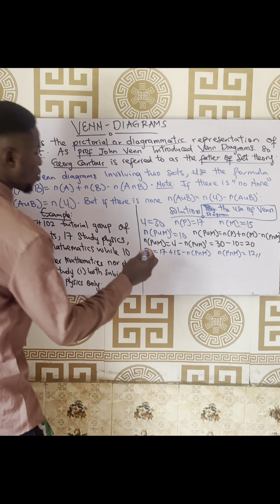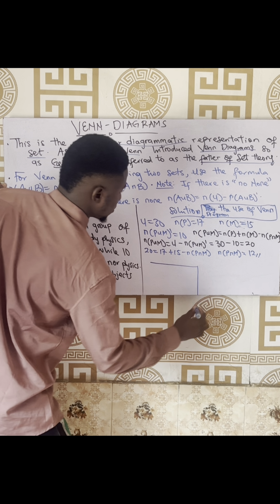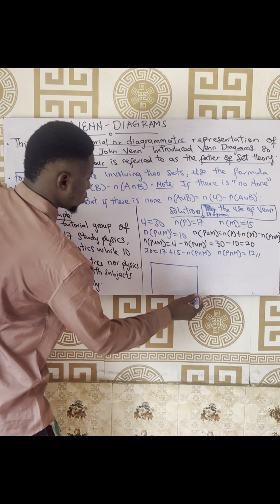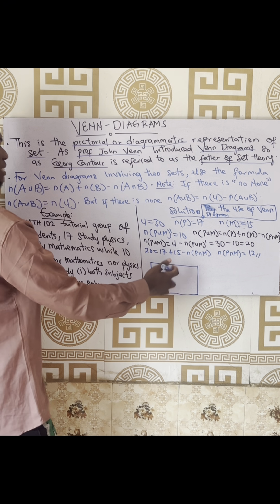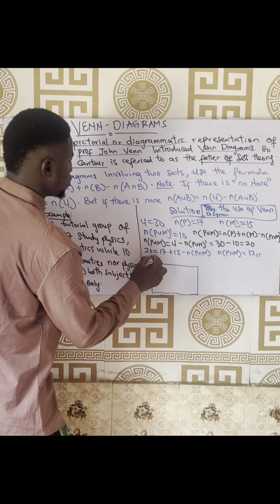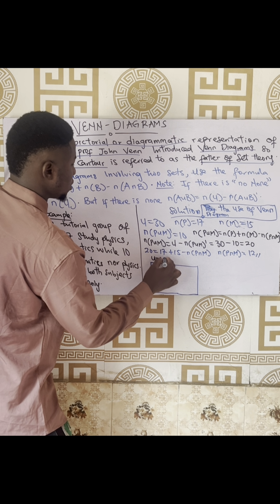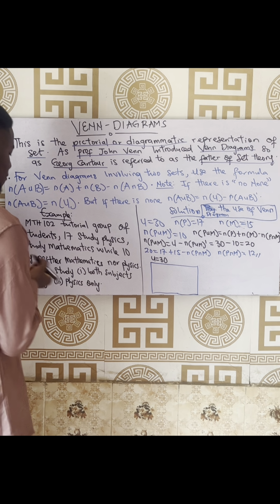So if we just draw our Venn diagram, everybody look at how I'm going to draw my Venn diagram. Now everything inside this box will represent your universal set. So this simply means that your universal set will equal 30. So we have the physics, the number of people that do physics.